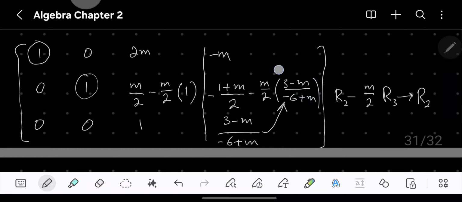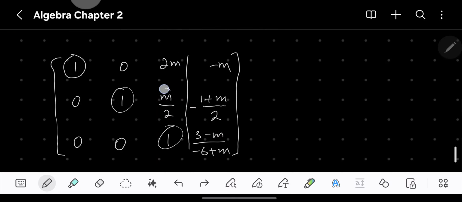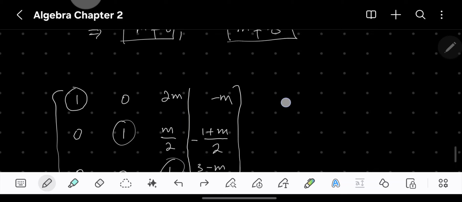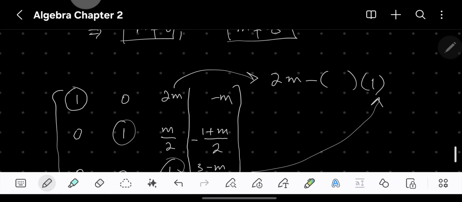Okay. Now I will make here 0 too, because I have made here 0. How can I make this 0? It's very simple. 2m minus something times pivot. Pivot in this column is this one. I will write it's 1. What should I put here?